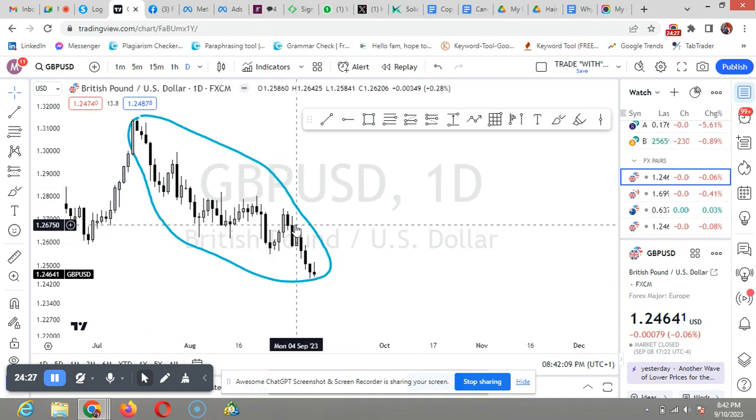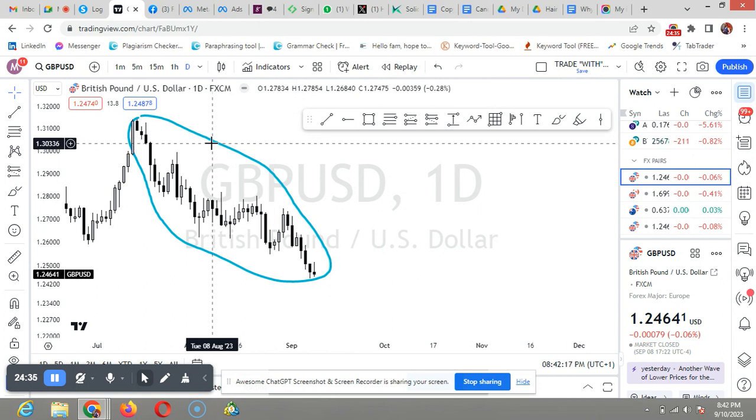We are focusing on each candle individually. I hope this is clear.